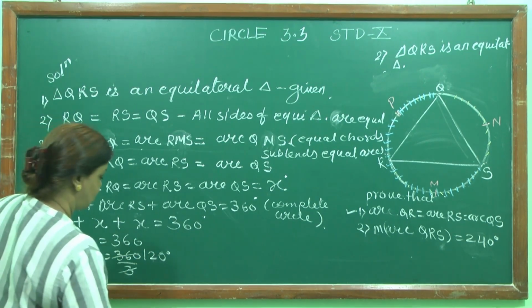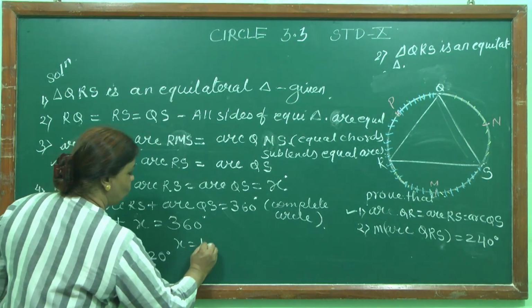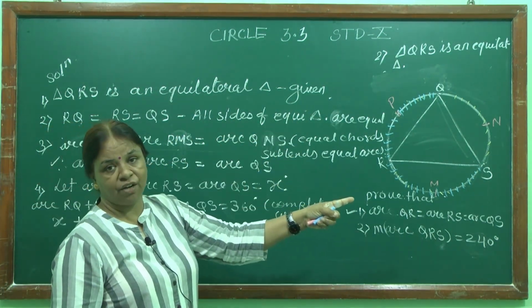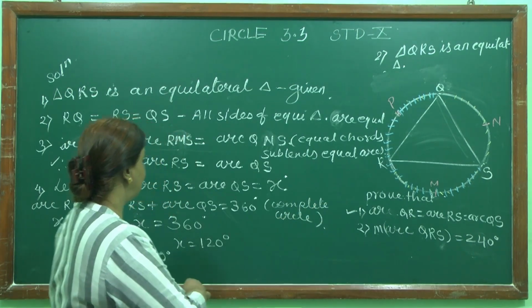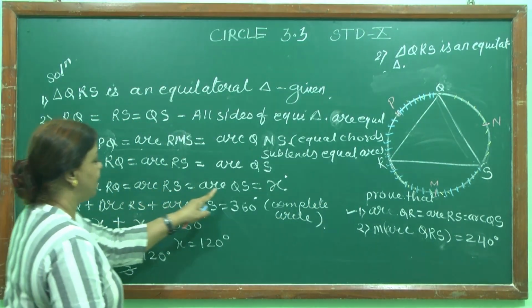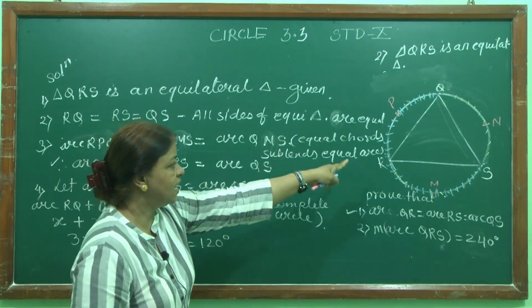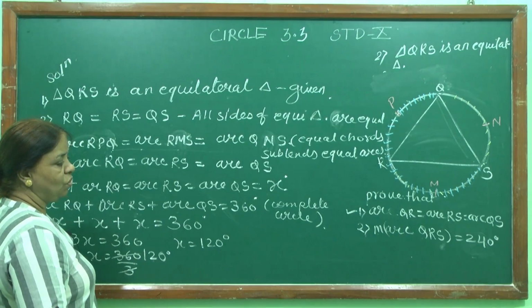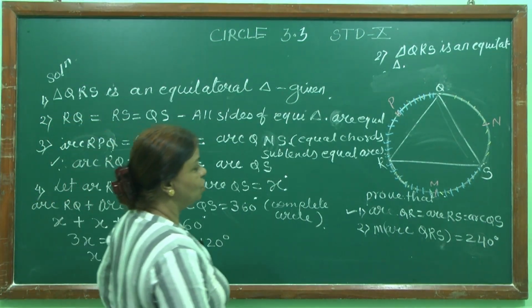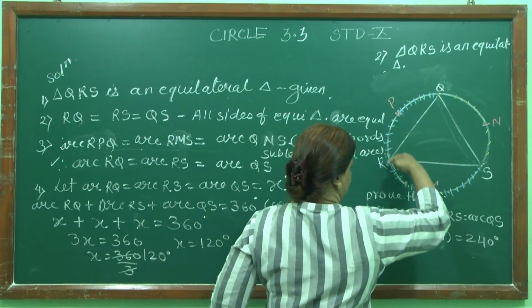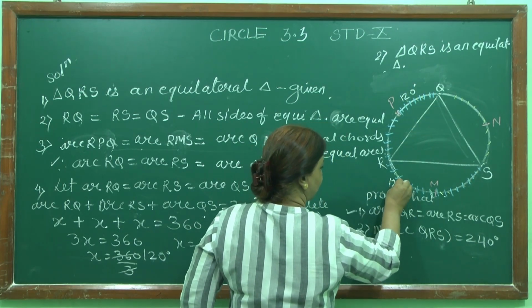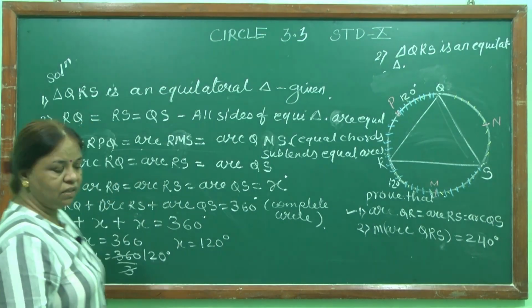So x we got, x is equal to 120 degrees. That means each arc we got as 120 degrees, because we have assumed RQ, RS, QS as x. So this arc is 120, this arc also 120, this arc also 120. And which one we want to find out? Major arc QRS.